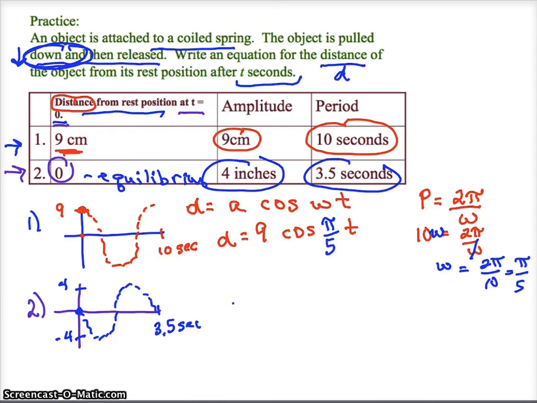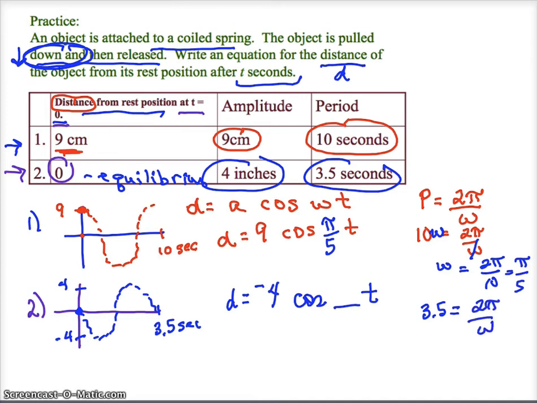So when I look at this, I know that if my amplitude's 4, but it's pulled down from equilibrium, A is negative 4 times the cosine of omega t. The period is 3.5 seconds.